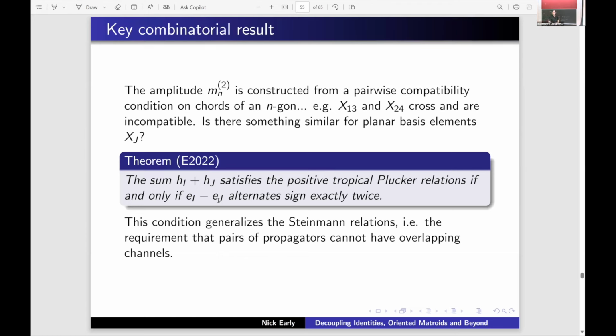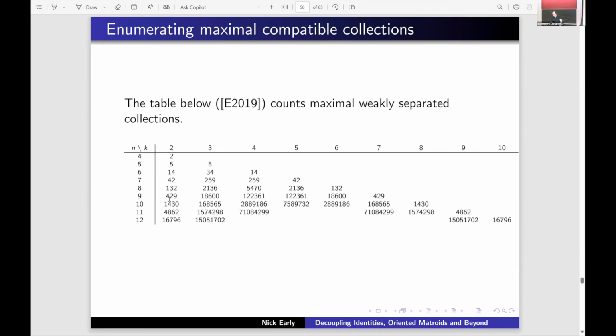Well, you'd like to enumerate the number of maximal collections of compatible planar kinematic invariants. So you can do that, and on the boundaries of that triangle, you get the Catalan numbers, 2, 5, 14, etc.